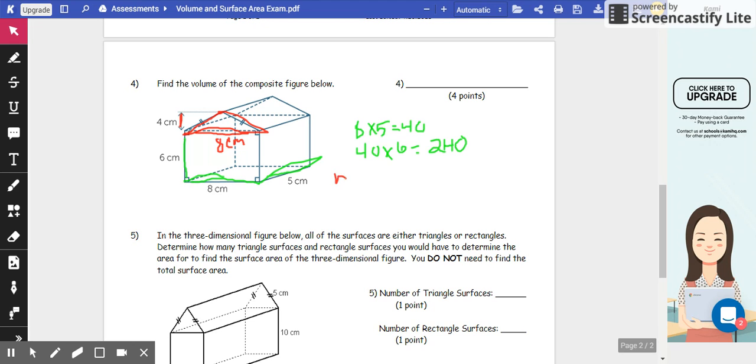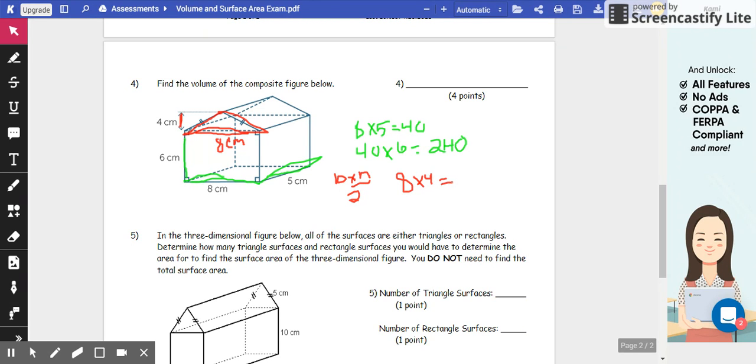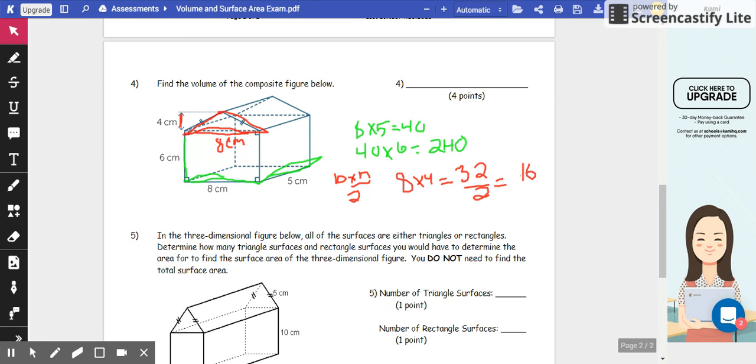So we need to know a triangle is really base times height divided by 2, and everything divided by 2. So my base and height is 8 and 4. So I'm going to do 8 times 4. Let's see what that is, 32. And then I still have to divide by 2. So I get 16. So 16 is the area of the triangle.